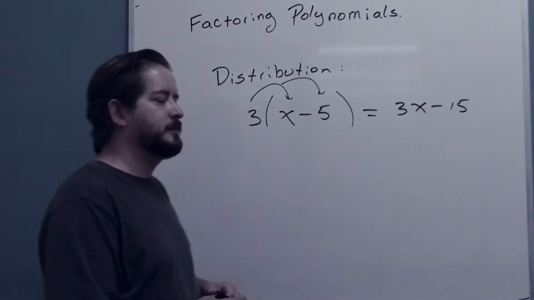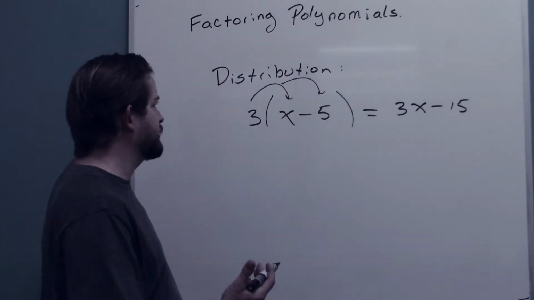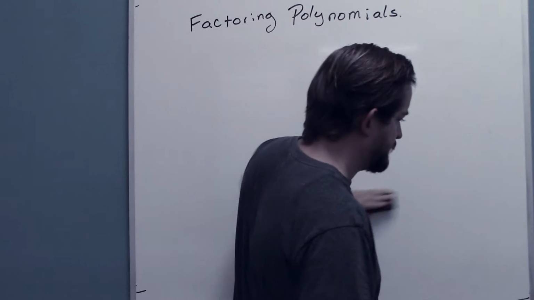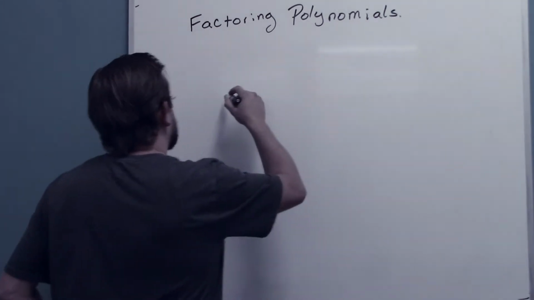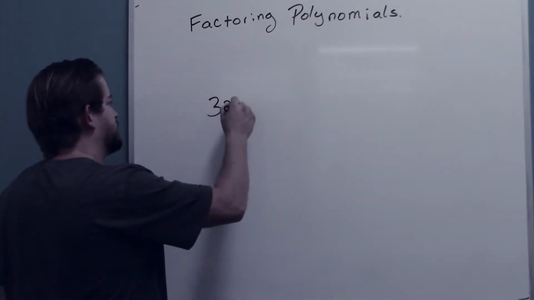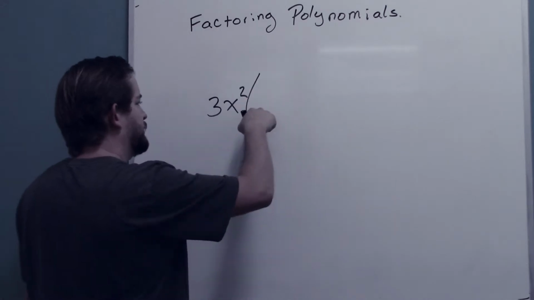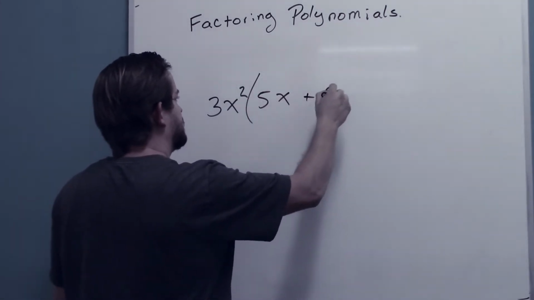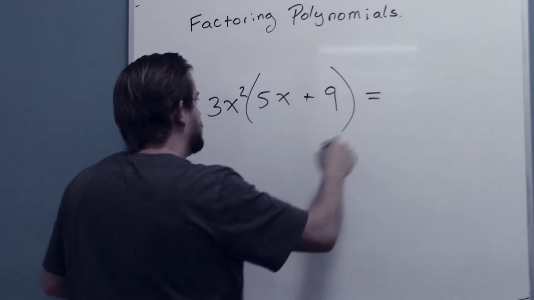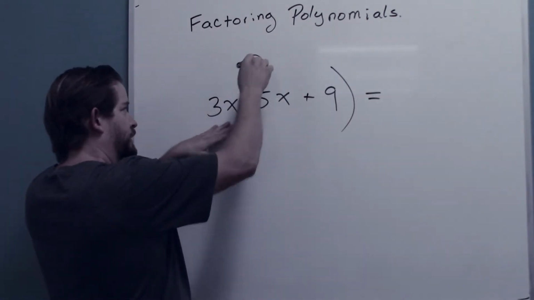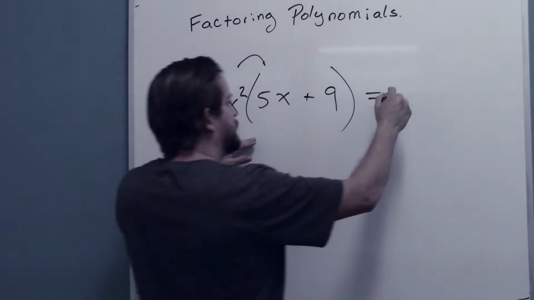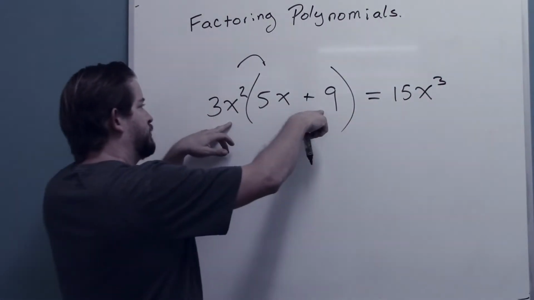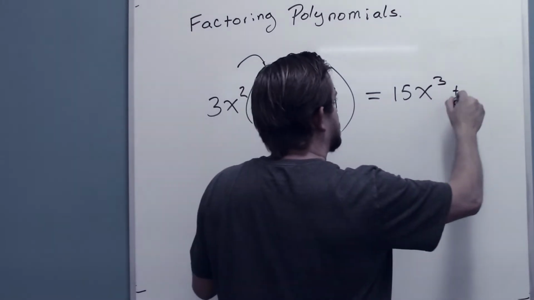And we'll talk about some of the ways to factor these polynomials. But let's take a look at another example here. Let's say I have something bigger. Let's say I have 3x squared multiplied by, let's say, 5x plus 9. Well, that, when I distribute, becomes 15x to the third plus 27x squared.